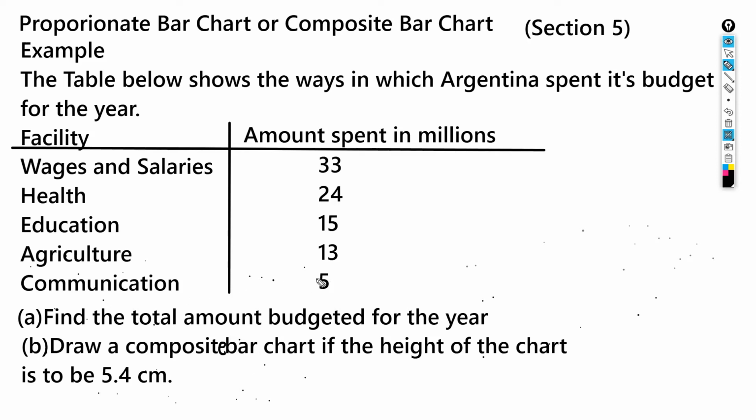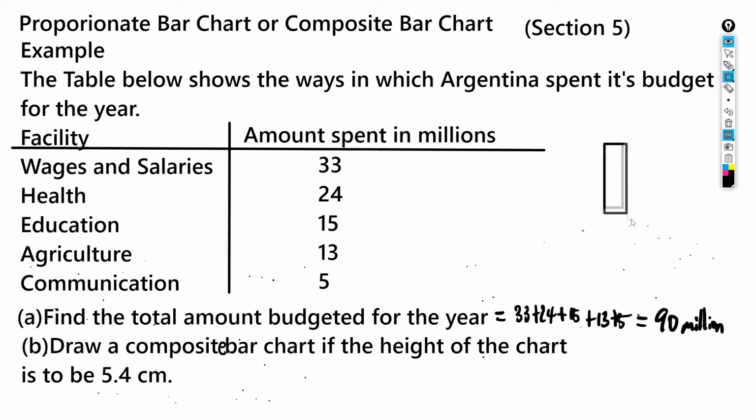For part A, all we have to do is add up all of these: 33 plus 24 plus 15 plus 13 plus 5, and you should get 90 million. So 90 million is the total amount budgeted for the year. Now, the height of the bar chart is supposed to be 5.4 centimeters.